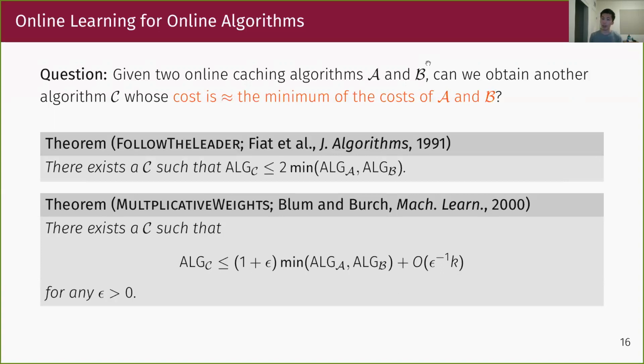But you also have to have a 1 over epsilon term in additive cost. And so with either of these two results, you can take blind oracle and another worst case robust online algorithm and combine them into a single algorithm that is both very consistent and also robust.